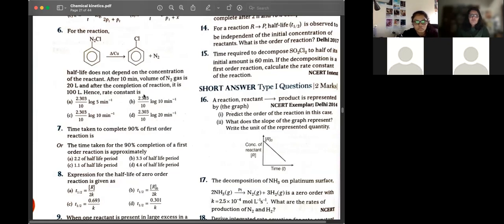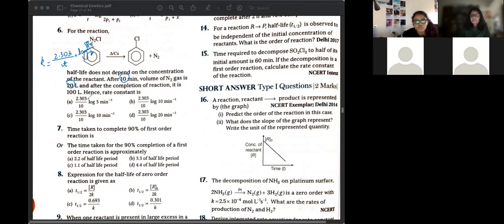Because if you want rate constant, 2.303, and then time, 10 minutes, you're given volume of N2 is so and so. So how do you figure out the concentration? Logarithm of P naught upon P, or concentration of the reactant initial.